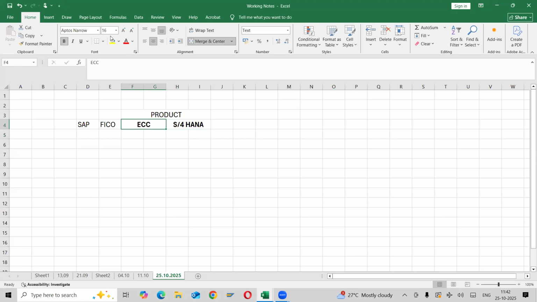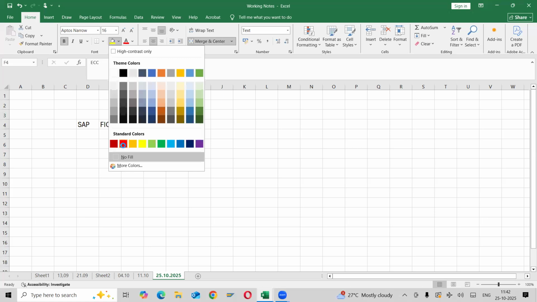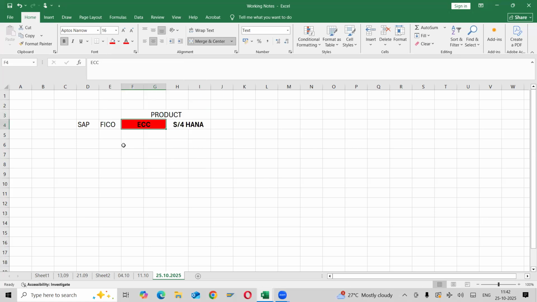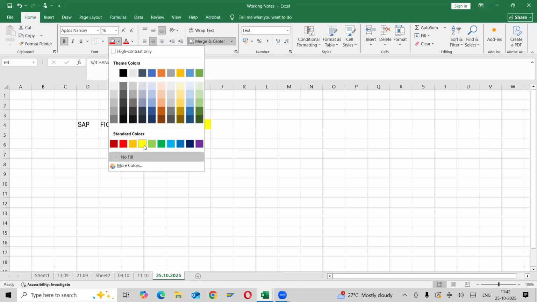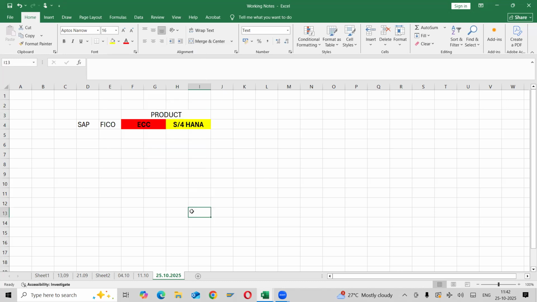ECC is the old product of SAP, and S4 HANA is the new product of SAP. I've already given this differentiation, but I'll give it again. New in the sense that it was introduced almost in the year 2013 or 2015. You can consider it as 2015.